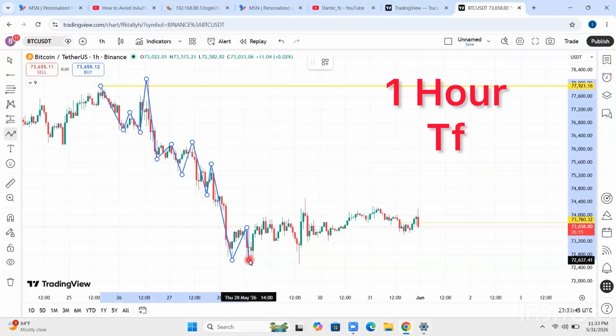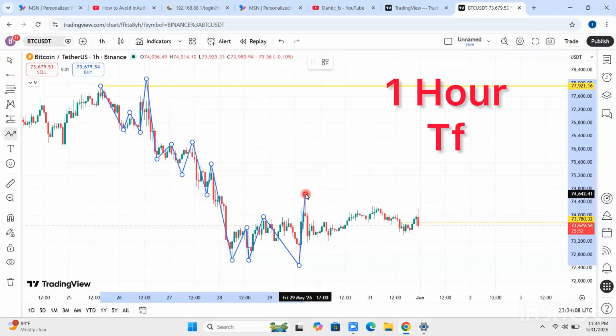We got this double bottom here before we made a new higher high around this zone, and the market came back and swept that double bottom you can see over there. And after that, we made another higher high here.